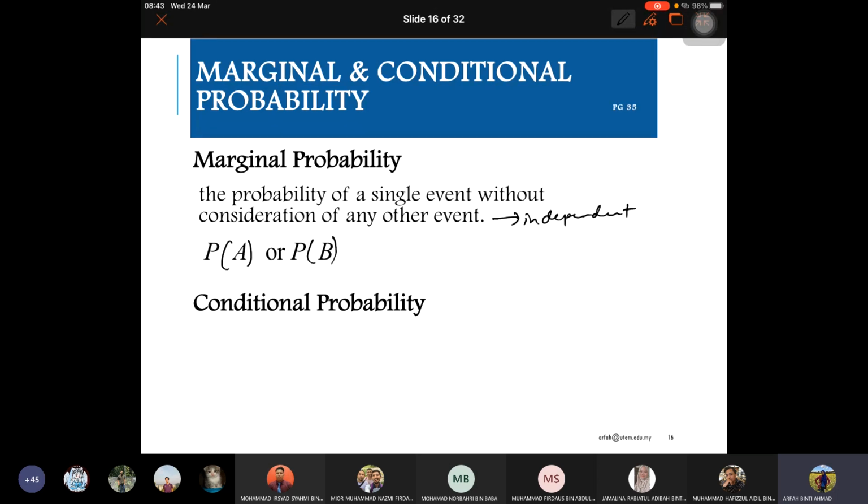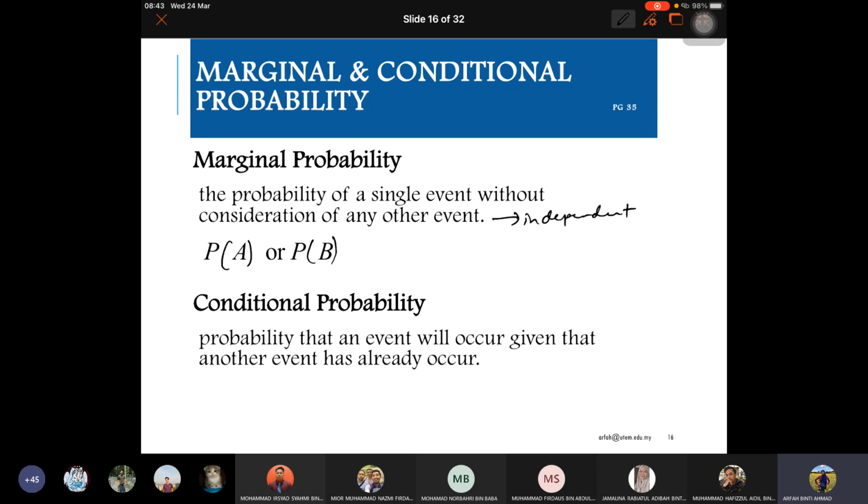The next one, kita ada conditional probability. So dah hujan. Alhamdulillah. Okay. Conditional probability is probability that an event will occur given that another event has already occurred. Yang ini adalah kebarangkalian dia bersyarat. Okay.